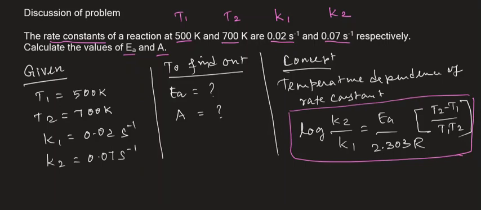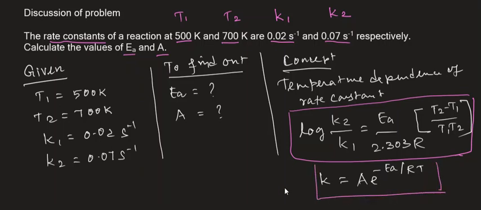And the second equation is to find out the Arrhenius factor, for which we have to use K is equal to A e power minus Ea by RT. So this is another equation.